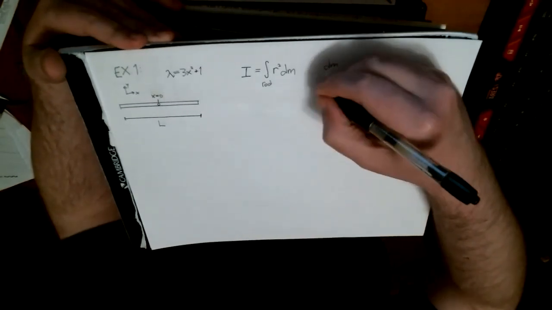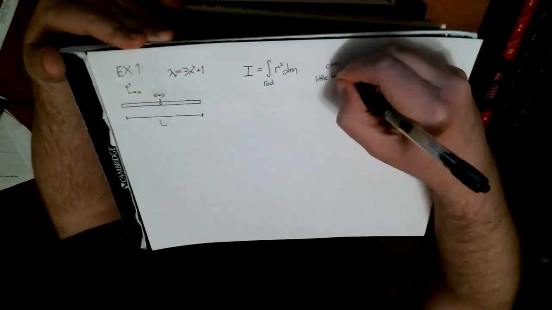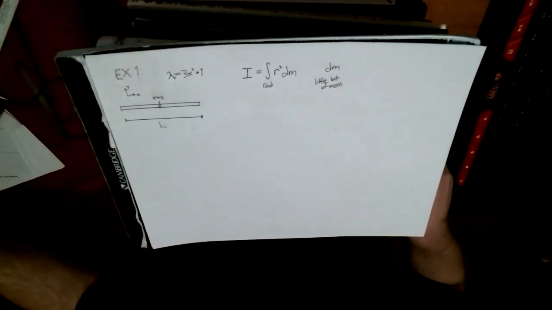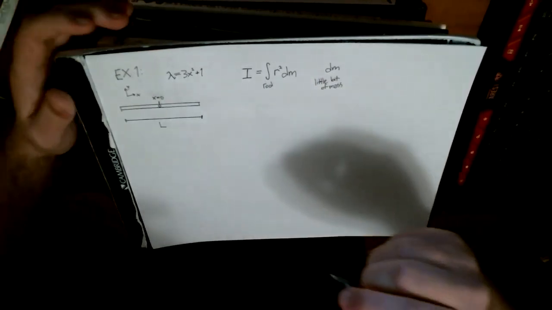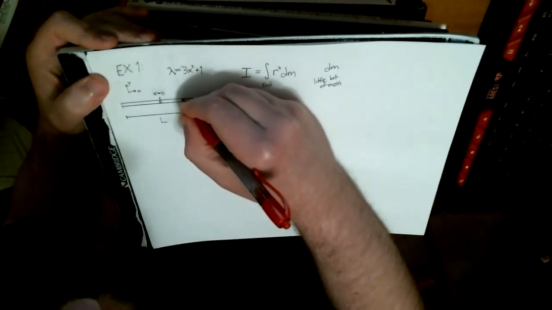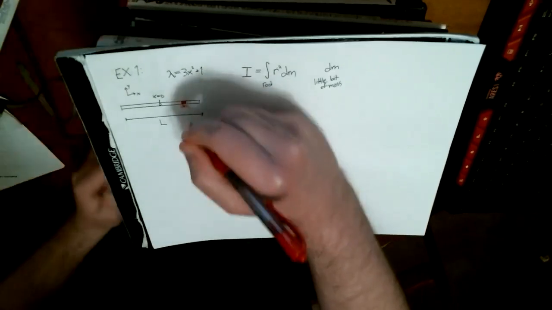Now dm is a little bit of mass. So if I go back to my picture of the rod, let's say we look at this little chunk right here. This will be a chunk dm.